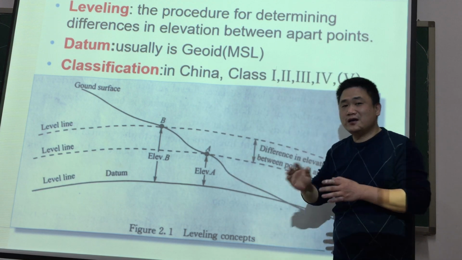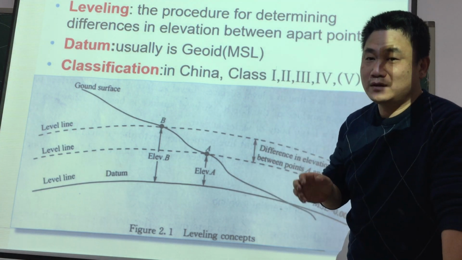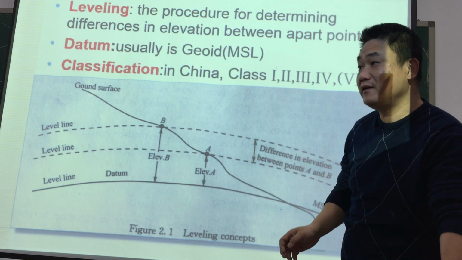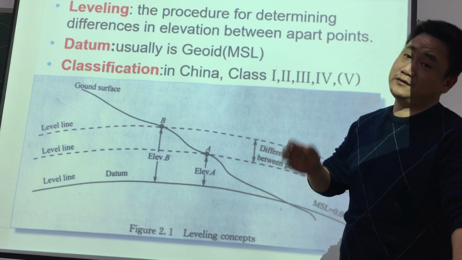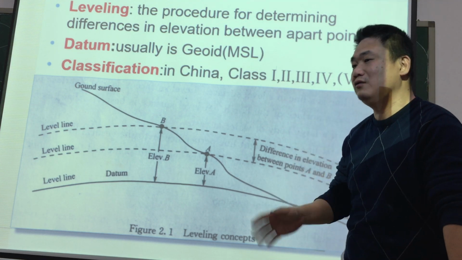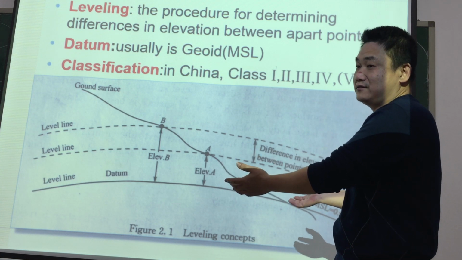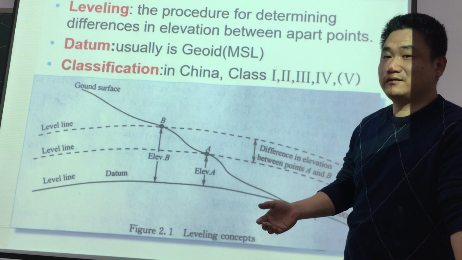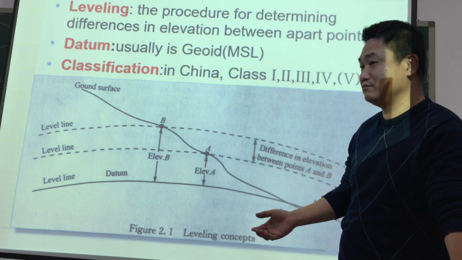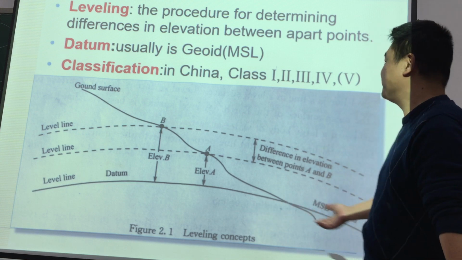So, in any engineering project, you must obey certain specifications. The specification is very, very important, because the specification is the law of engineering. If you don't obey that, the result is not worth believing.